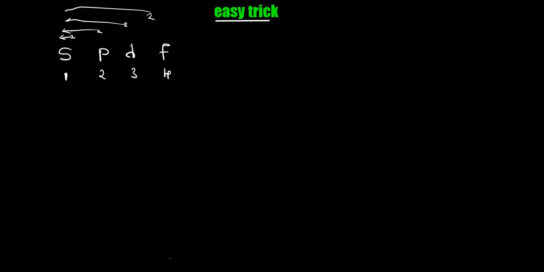So we start with s, you go on p, s, then you come now on d, p, s. Again you repeat d, p, s. Then you continue like that. Then you come now f, d, p, s.